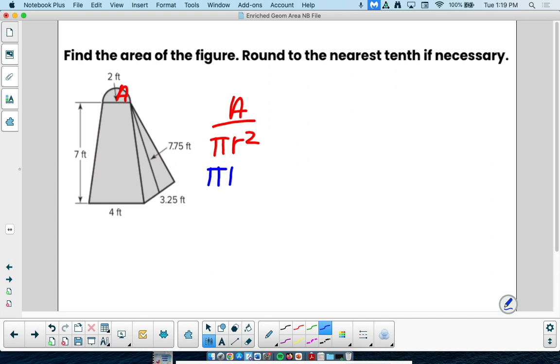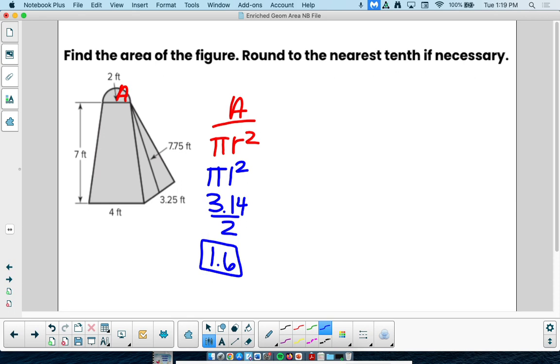So pi 1 squared. Just pi, right? So 3.14. Now the only problem, is it a whole circle? Half, divided by 2. Let me know what we get. 1.6. Okay. I'm gonna just box that so I don't lose it in all my work up here.